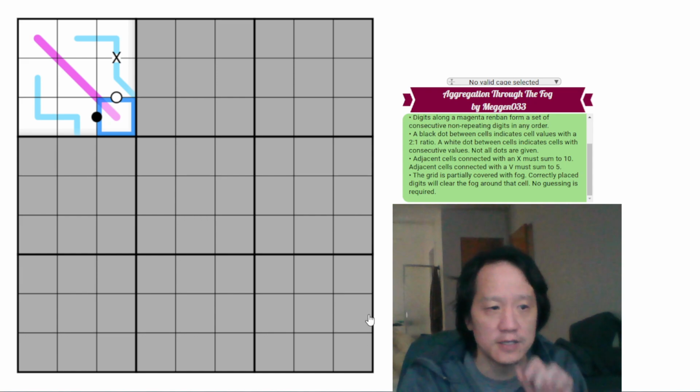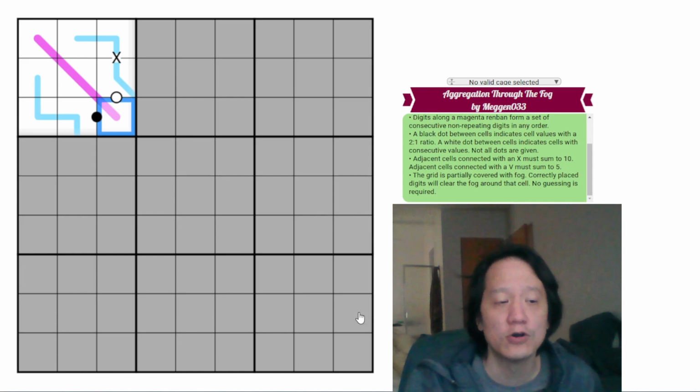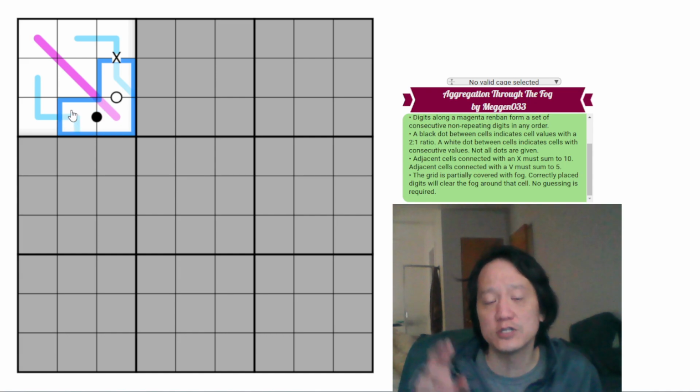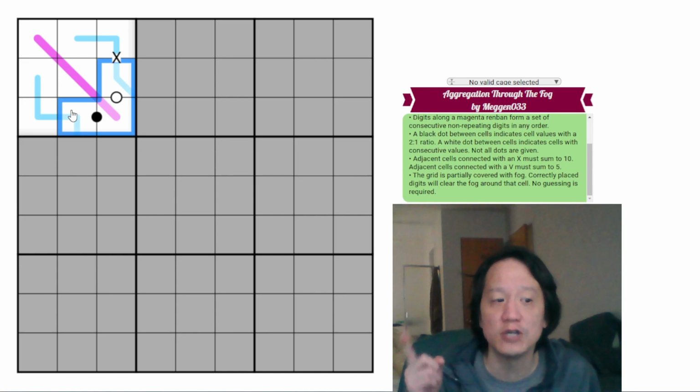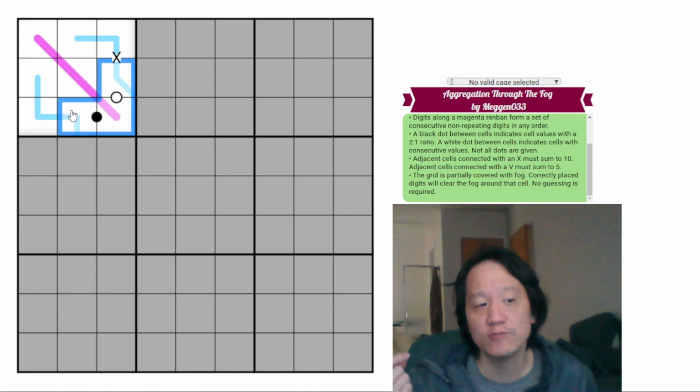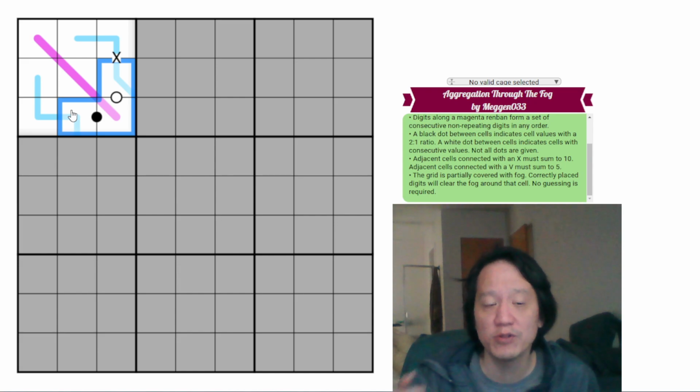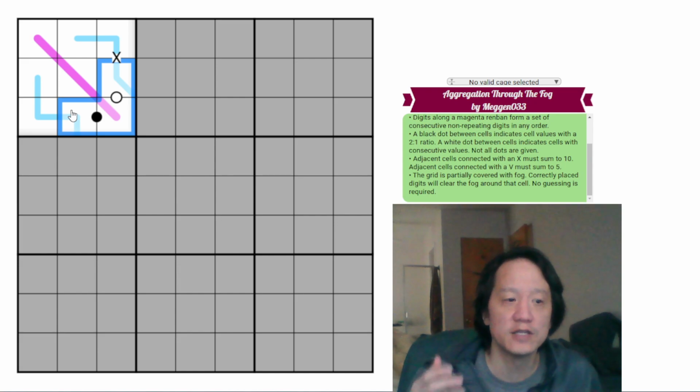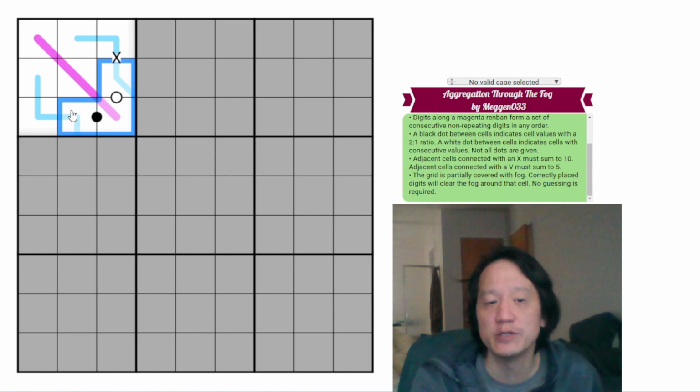And basically, not all dots are given means that there are no negative constraints. So that means we have just positive information about the cells where the dots are in between. There could be other cells which are consecutive, which are next to each other, which do not have a dot, or which have a 1-to-2 ratio, which do not have a black dot between them. It's just saying that we know there's specific information about these cells.